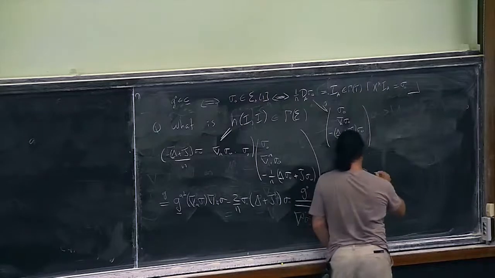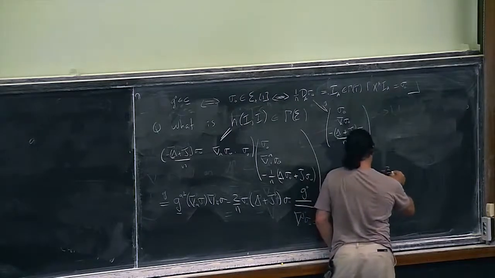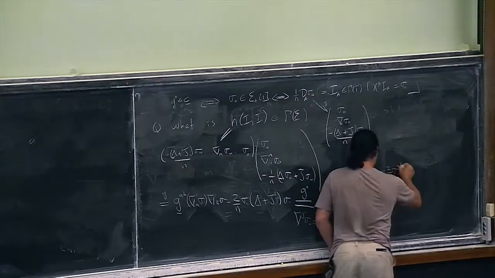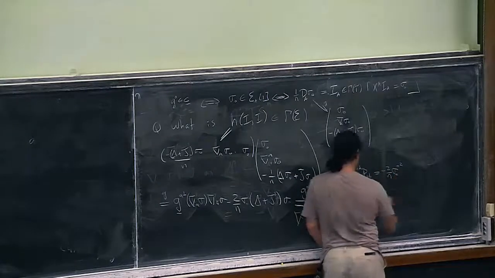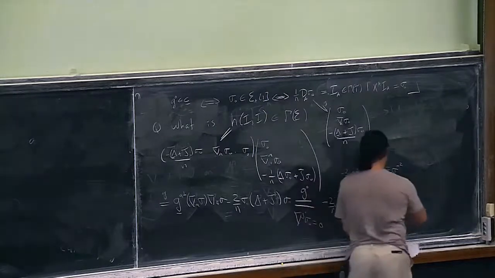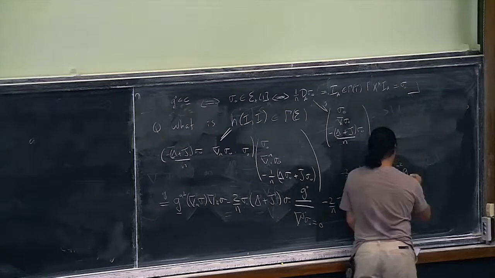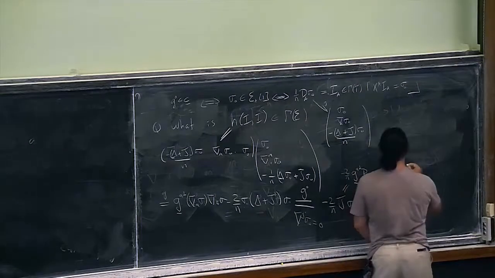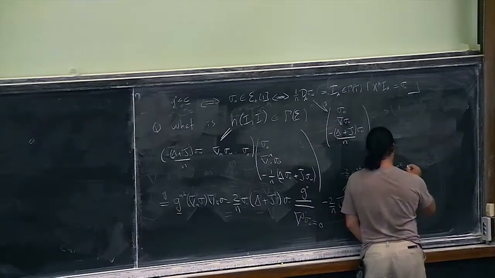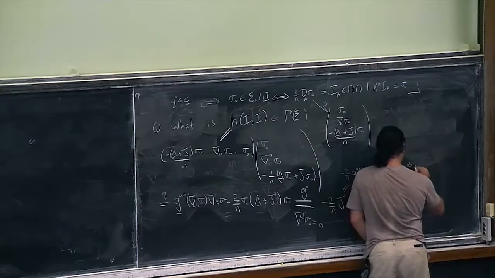So this is minus 2 on n, sigma naught to the minus 2, the conformal metric, times g naught, I'm calling it g naught AB rho AB.